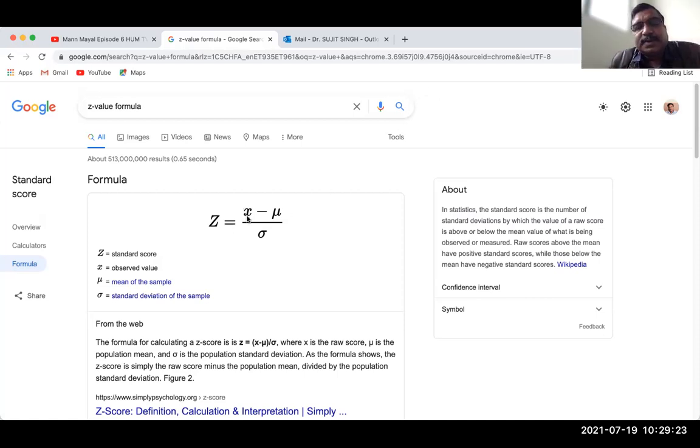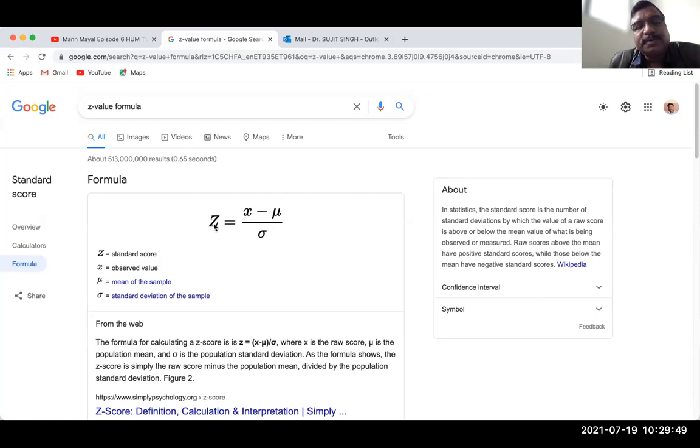If there is a large difference, you are going to get a greater value of Z. If low difference, that also depends on the standard deviation, right? But particularly it depends on the sample mean and population mean, the difference of these two. If that is big, the Z value should be bigger.